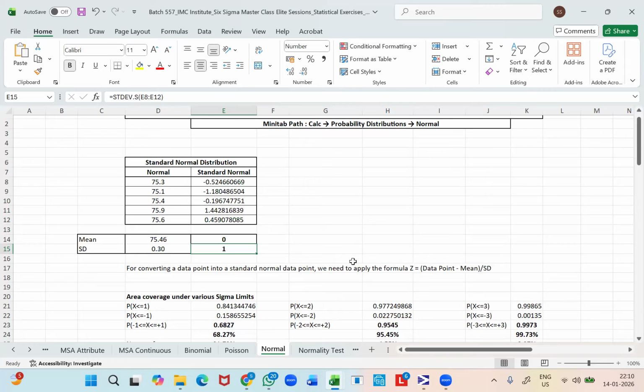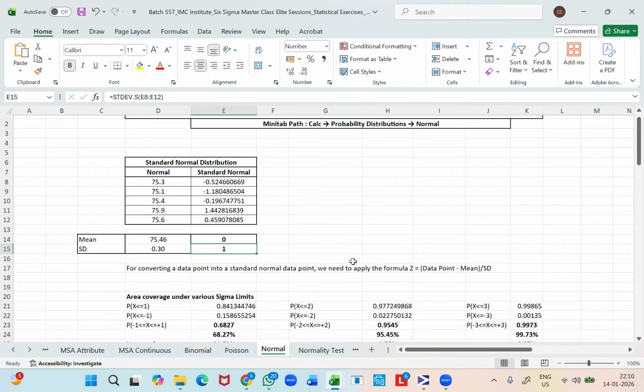This particular logic was used when people didn't have Excel and Minitab to obtain the probability values. People were dependent on statistical tables to obtain the probability values. Now we have Excel and Minitab, so we can give any combination of mean and standard deviation, and you get the probability value for a given point.